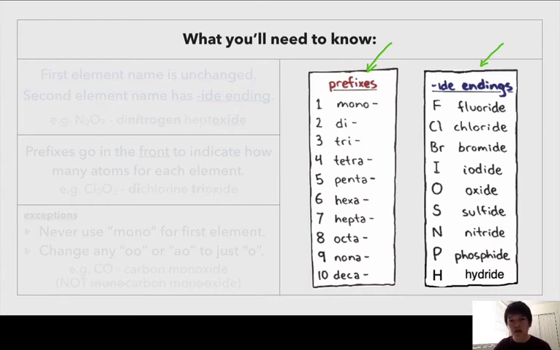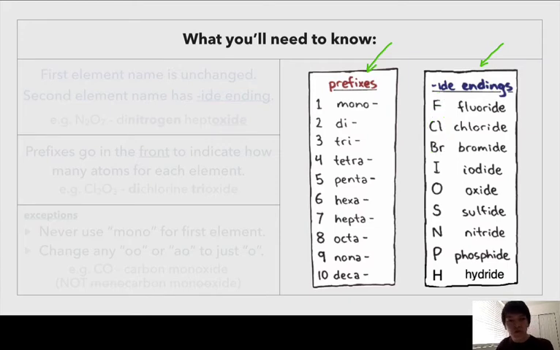You should already kind of know them because of the ionic compound naming, because these are the same IDE ending names. Just know that it's not going to be fluorine or chlorine or bromine. It's going to be fluoride, chloride, and bromide.